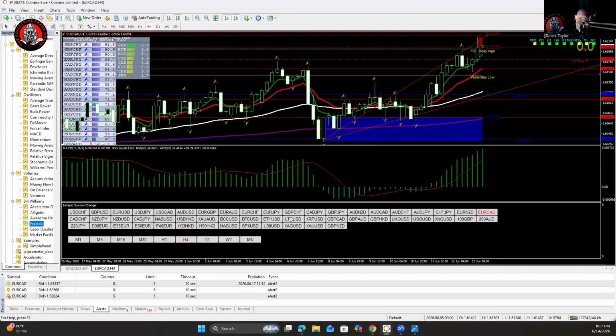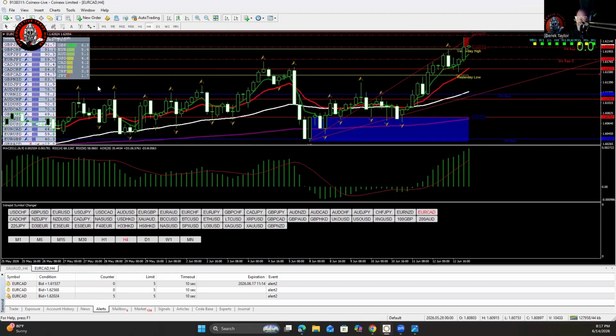So, see here? Fractals are just marking an area of price reversal. You see them here, you see them here. I call it the jaws of death because these things look like teeth and it's just grinding price up, until you have a breakthrough like this.